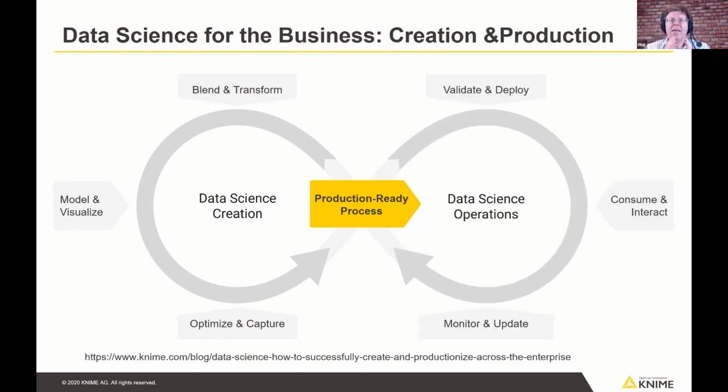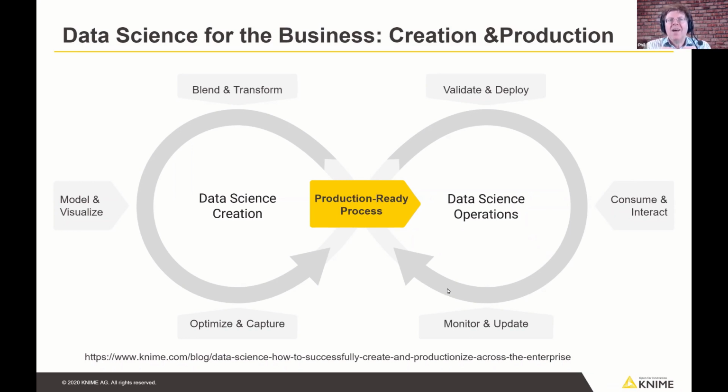What we find is that when you expand that and take a look at this holistically across the entire organization, there are two things that have to join together. We have to be able to not only create great data science, but also optimize, use, and deploy it in many different ways. We're going to focus on both loops together.